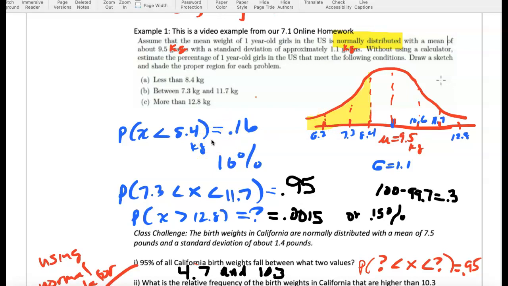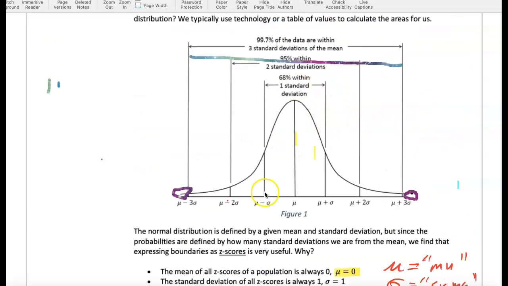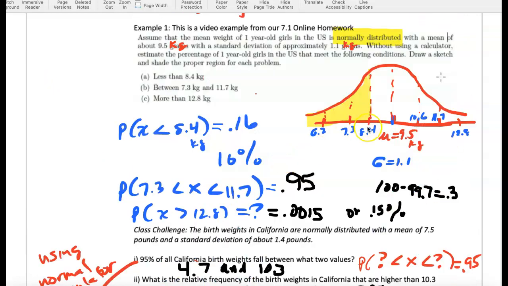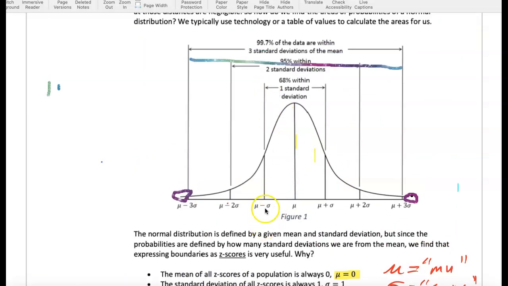And you get 16%. Again, this comes from how things are spread out in this picture. Notice 8.4 is 1 standard deviation below. Here's 1 standard deviation right here.